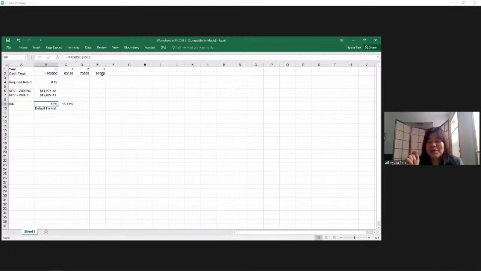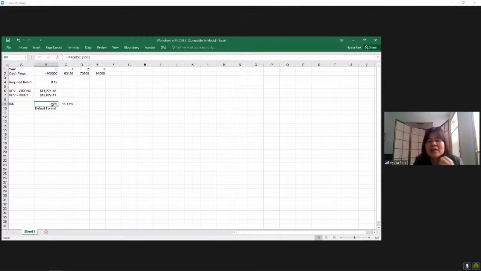And remember, IRR does not need the discount rate because it is the discount rate. So there is no discount rate, 12%, you don't select that. In IRR calculation, you should start from the year 0 cash flow to the end. Select all the cash flows, not just year 1, 2, 3. If you use the IRR function and select all those cash flows, you will get 16%.